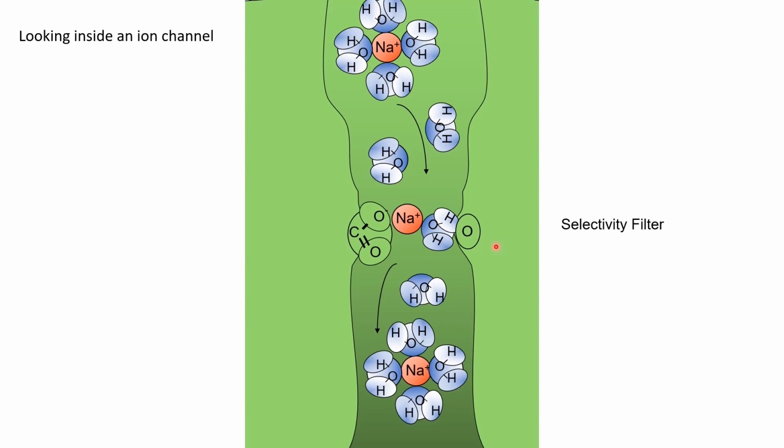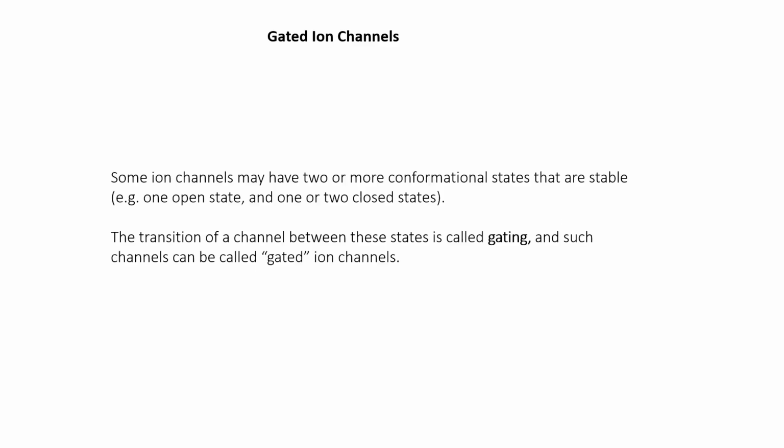So even though a sodium atom may be able to fit in the potassium channel, or a potassium atom may fit into the sodium channel, they may not be stabilized as well as they are within their respective channels. And that is what facilitates the removal of these hydration shells and the movement of the ion through the ion channel. So the key solution is not based on the size of the ion, but on the interaction of the ion with the neighboring amino acids.